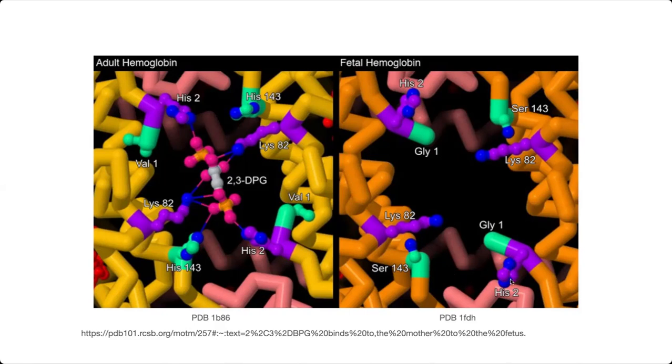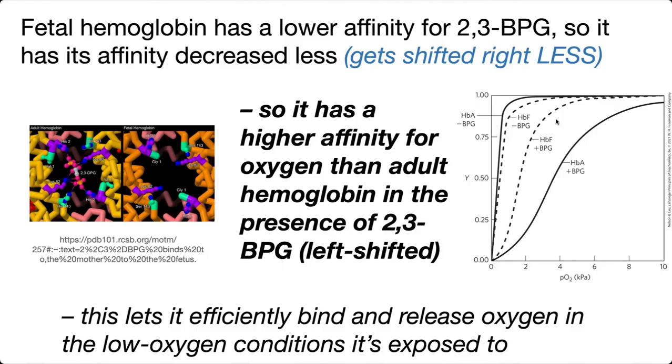Some of these histidines that would normally form interactions with 2,3-BPG are in the wrong position. As a result, fetal hemoglobin has a lower affinity for 2,3-BPG. If it has a lower affinity for the thing that lowers the affinity for oxygen, that means you're going to have a higher affinity for oxygen, if we're considering the fetal versus the adult in the presence of 2,3-BPG.